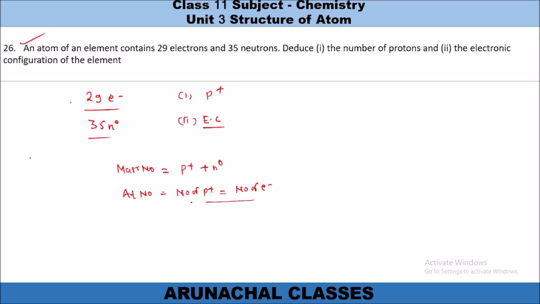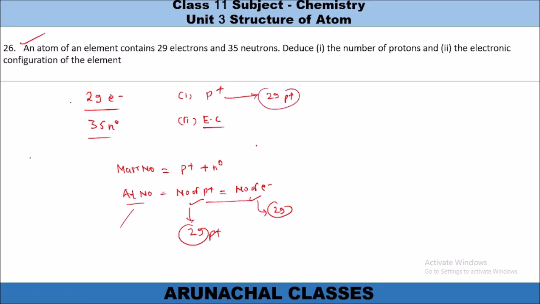Here the number of protons is not given, but the number of electrons is given: 29. It means the number of protons will be 29 and the atomic number will also be 29. So we have got 29 protons.